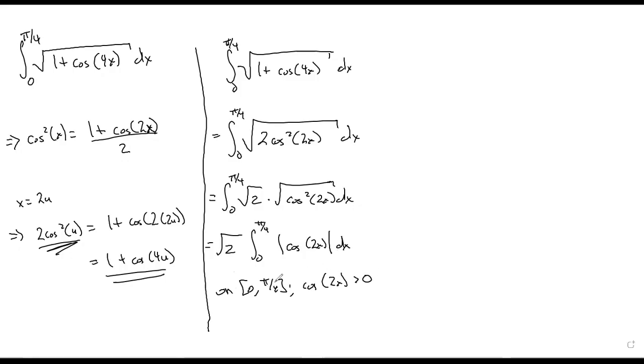Cosine of 0 is 1. Cosine of pi over 4 times 2 is cosine pi over 2, which is 0, but it is positive throughout the entire interval. So we're good on this. Basically the curve starts at 1 and comes down, but it is positive.